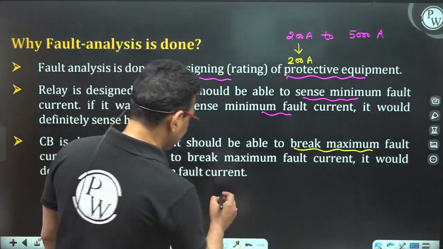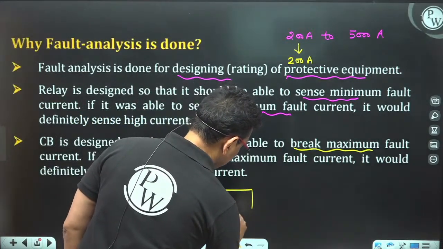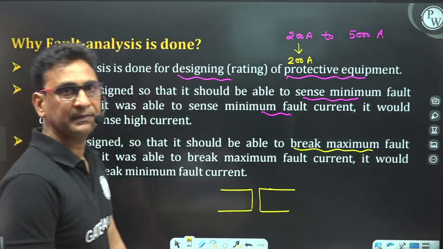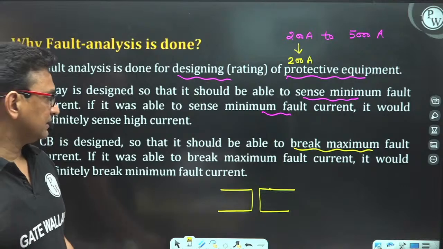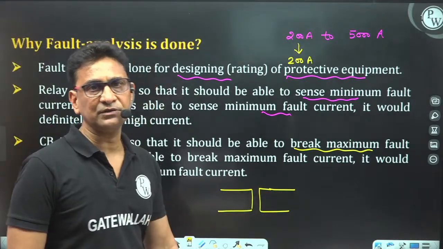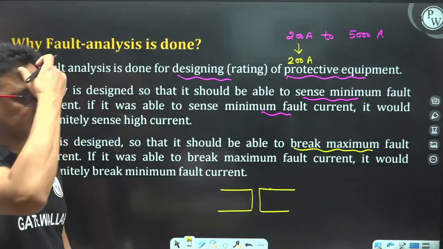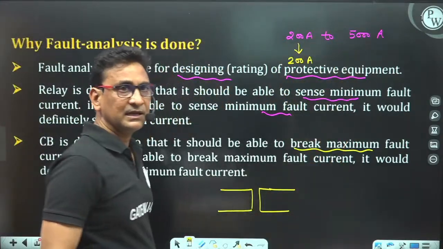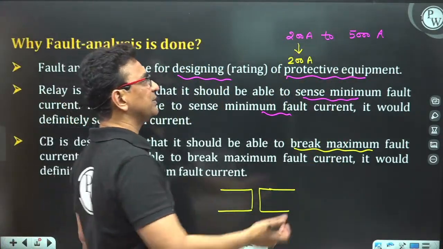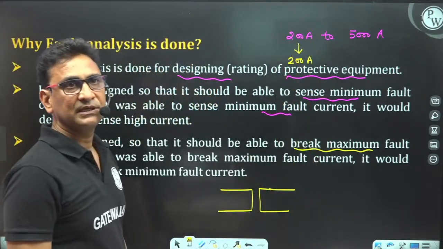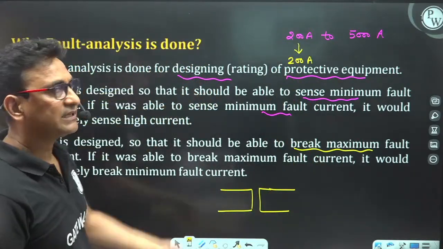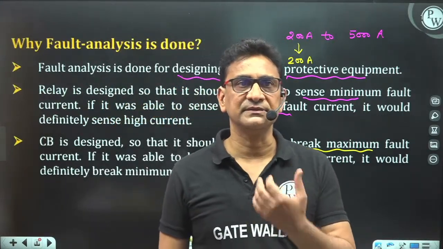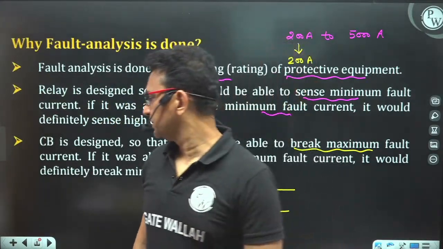Any circuit breaker has two contacts: one is a fixed contact and the second is a movable contact. If the fixed contact and the movable contact are able to break a fault current of 5000 ampere, no doubt it will be able to break a fault current of 200 ampere. So the relay is designed as per the minimum value of fault current, but the circuit breaker is designed for the maximum value of fault current.